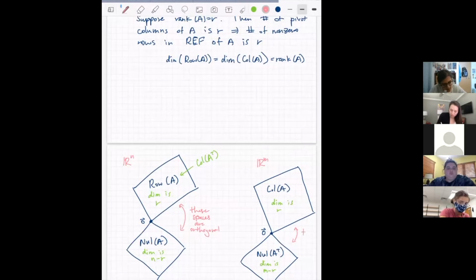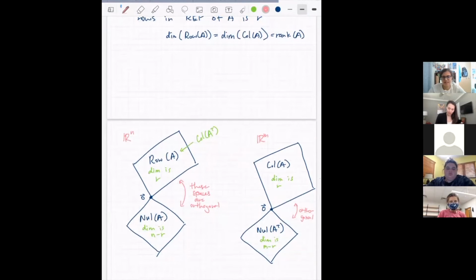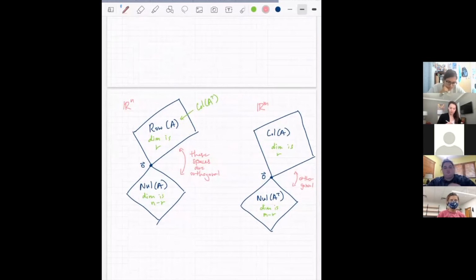And so these are also orthogonal. That makes sense because you could say it's the column space of A and null space of AT, but you could also say it's row space of AT and null space of AT. So it's the same pattern of relationships as the previous one.